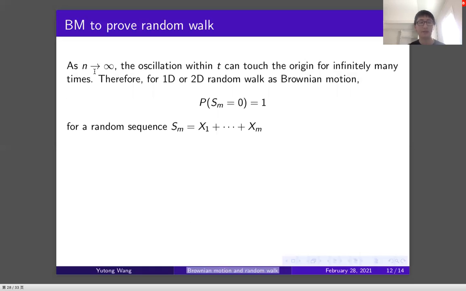As we already talked about, as n goes to infinity, the oscillation with t can touch the origin an infinite number of times. Therefore, the one-dimensional and two-dimensional random walks behave as Brownian motion. This is just a mathematical expression.